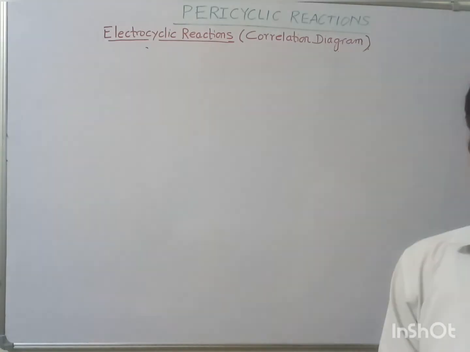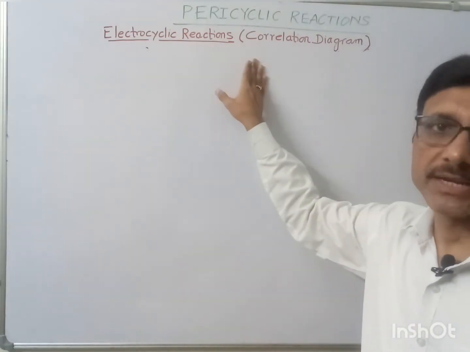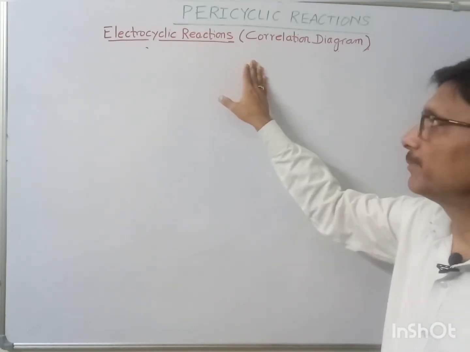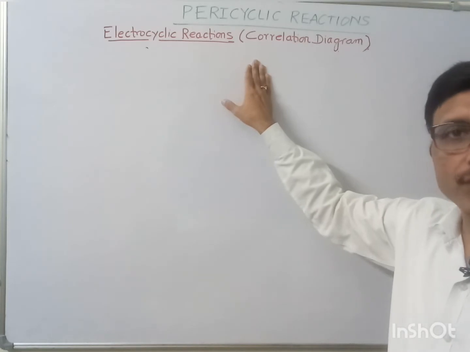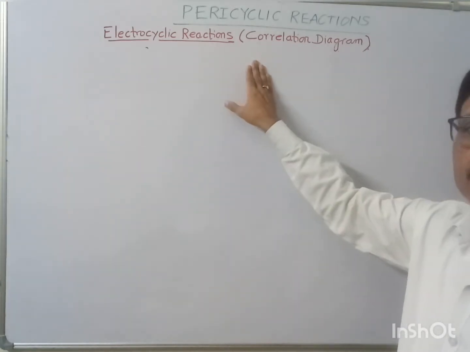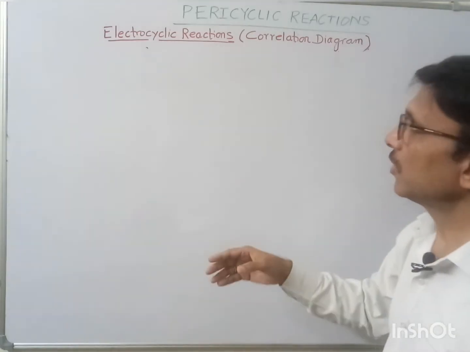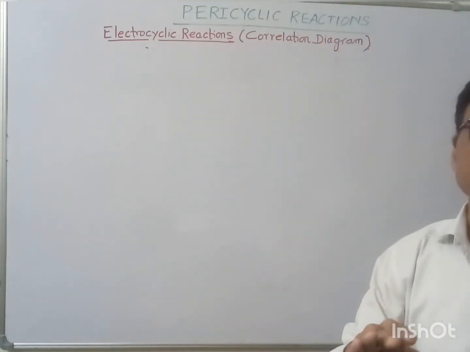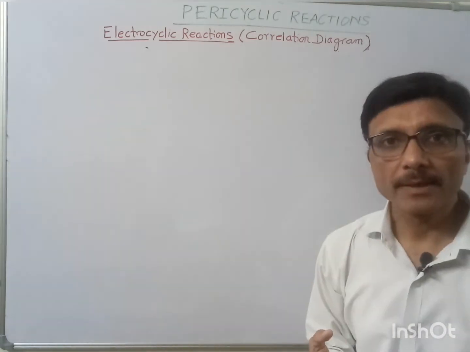In my today's lecture, I will discuss the correlation diagram for allylic systems. In my previous lectures, I told you about the correlation diagram for 4n electron systems and for 4n plus 2 electron systems. Now these allylic systems can also be 4n electron systems or 4n plus 2 electron systems.